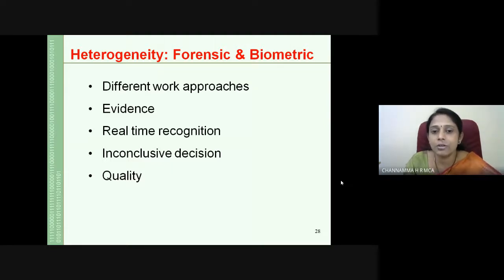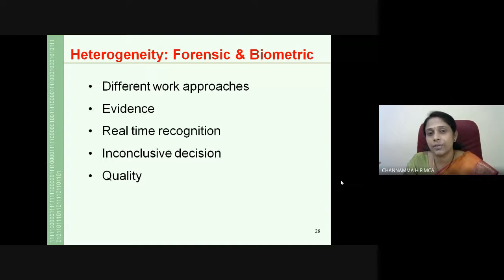And the inconclusive decision: in a scene of crime, we will be getting one or two samples, I mean biometric traits, of the person. They may not be clear, and from a single or few samples, making a decision is sometimes very difficult.